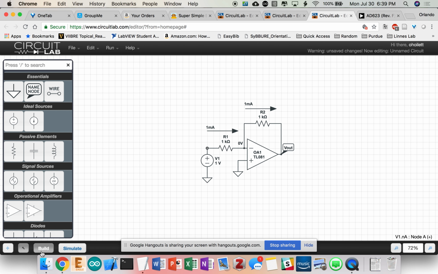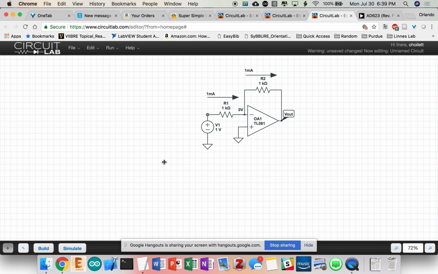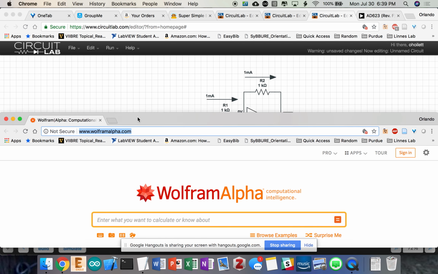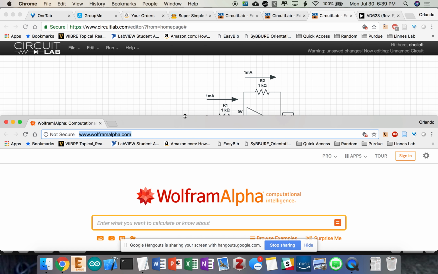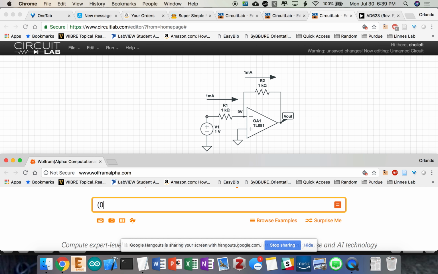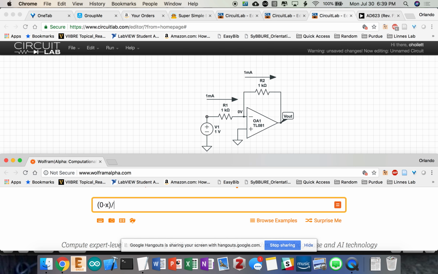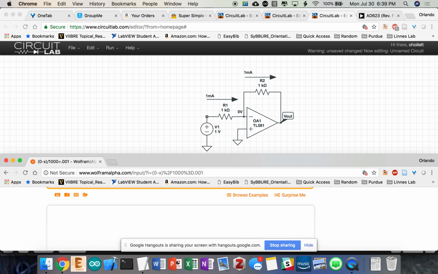Alright, anyway. So we have 0 minus V out. Instead of putting V out, I'll just put X divided by 1,000 is equal to 1 milliamp. And so X is equal to minus 1.